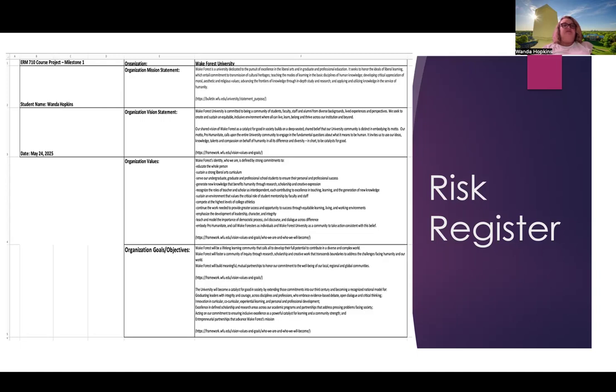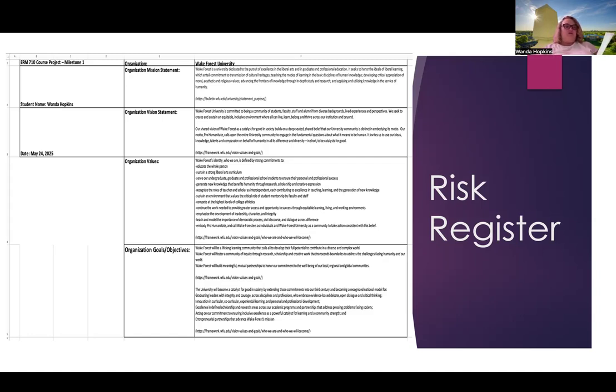using the university's framework, and I leaned into the goals and objectives at Wake Forest University when I was preparing to complete the risk register, such as Wake Forest will be a lifelong learning community that calls all to develop their full potential to contribute to a diverse and complex world.